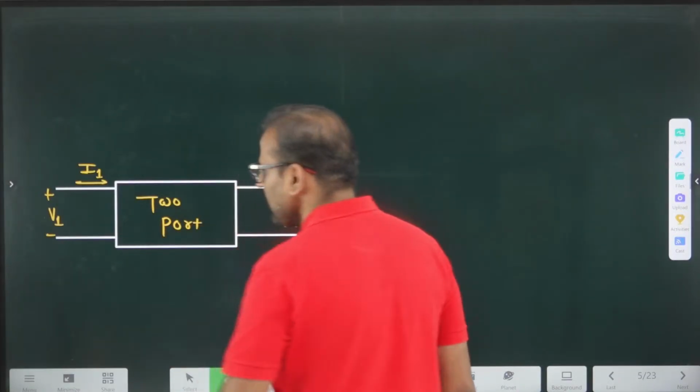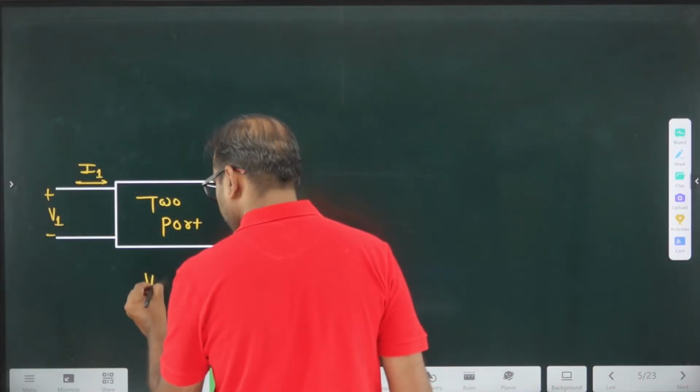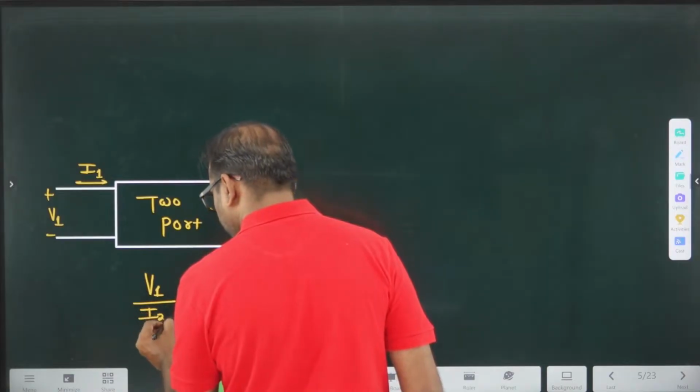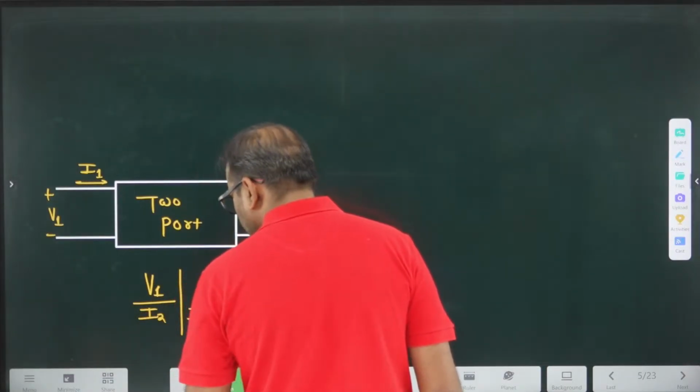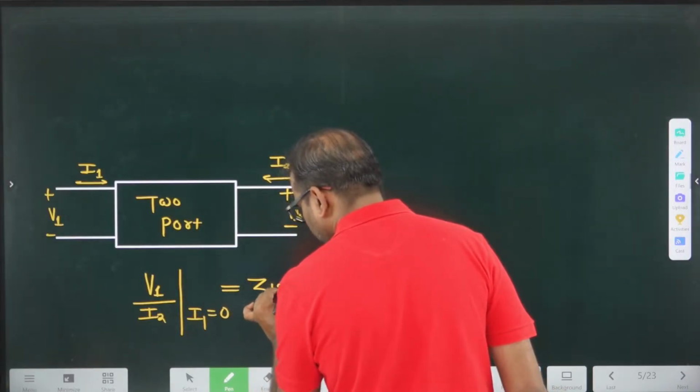So one of the transfer functions we can have is V1 divided by I2 by making I1 equal to 0, and that parameter is known as Z12.